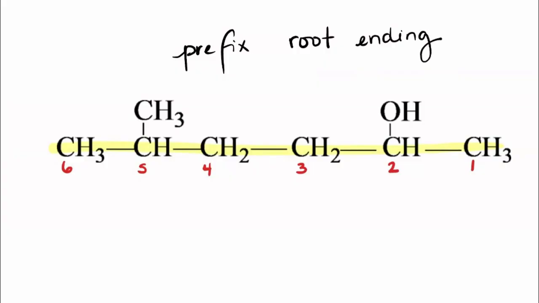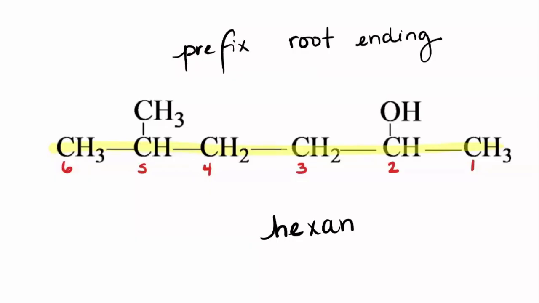Now, when it comes to the root, since we are naming an alcohol, we must write specifically the alkane name for the longest carbon chain. So understand that if we have 6 carbons in a row, you're going to write the name as hexane. Now, in this root name, we have to replace only the last letter, which means that we're going to take away the E, and that E is now going to be replaced by the correct ending.